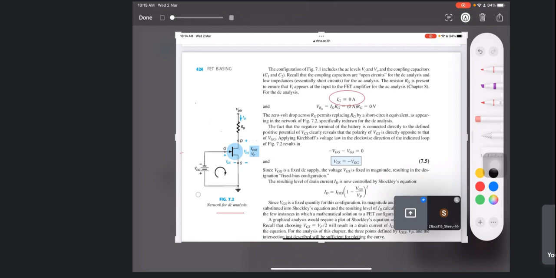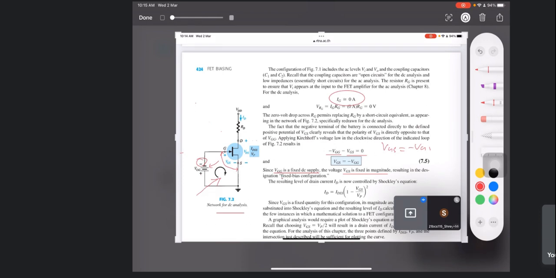If I take this loop, I'll start from here, plus to minus, minus VGG, then plus to minus, minus VGS. So VGS is equal to minus VGG. VGG is a fixed DC supply, and VGS is fixed in magnitude.